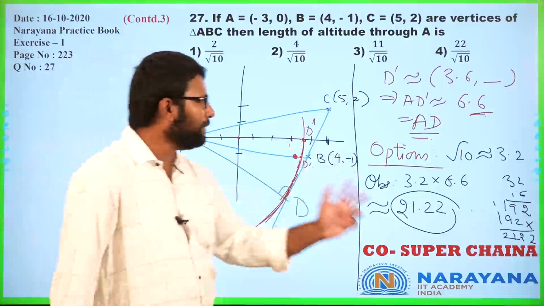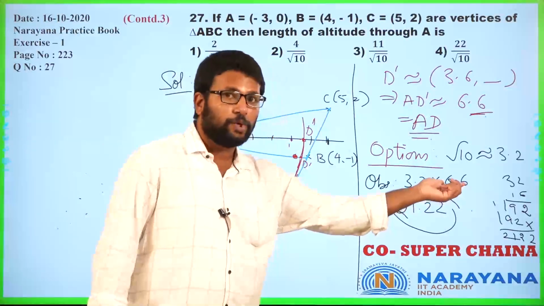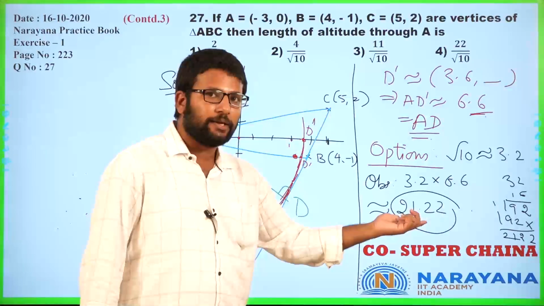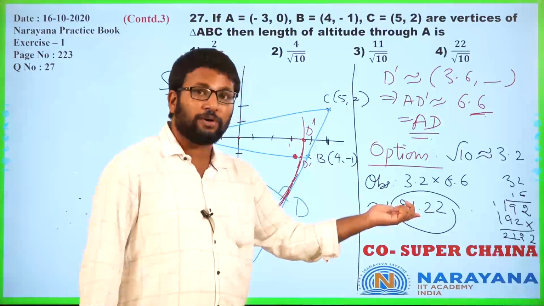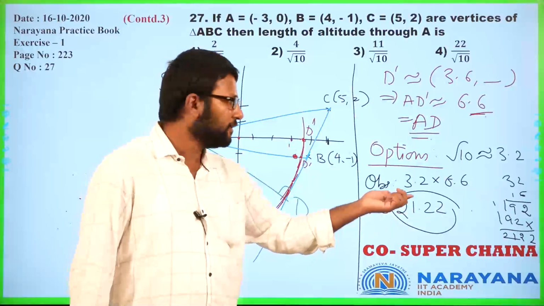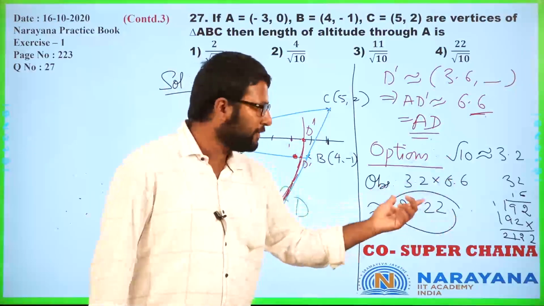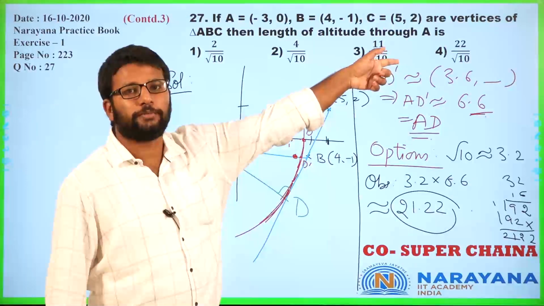Which means root 10 into AD is 21.22. We want anyway, which means AD would be 21.22 upon root 10, correct? So AD is approximately 21.22 upon root 10. The closest is 22 upon root 10.